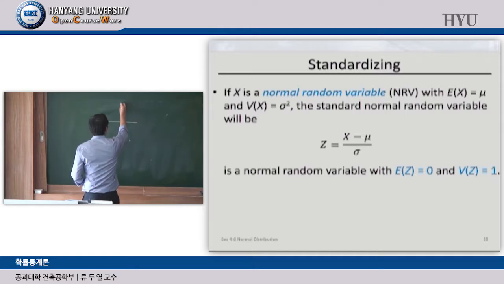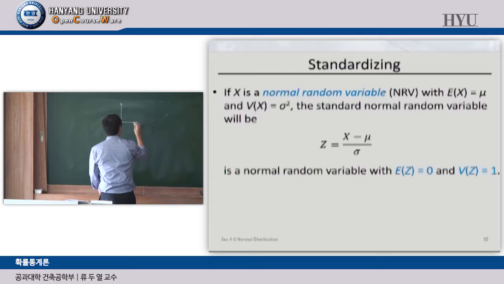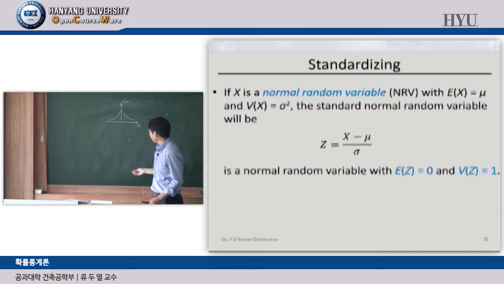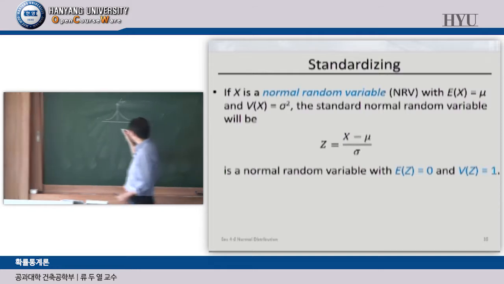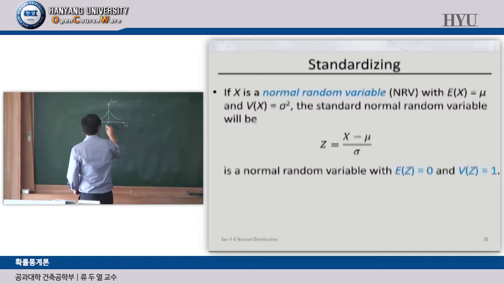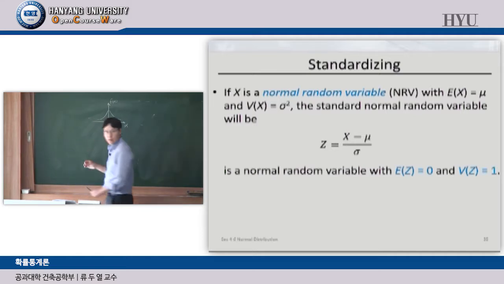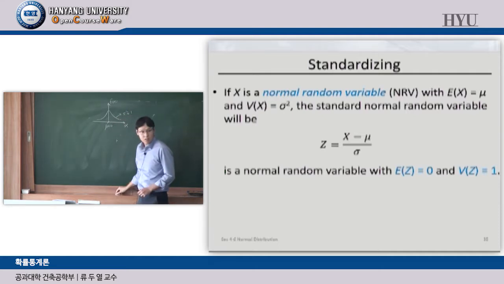The standard normal random variable has this kind of distribution function, and in this case mu is equal to 0 and the variance sigma squared is equal to 1.